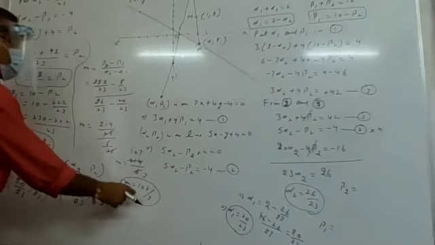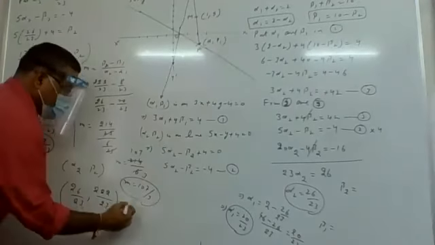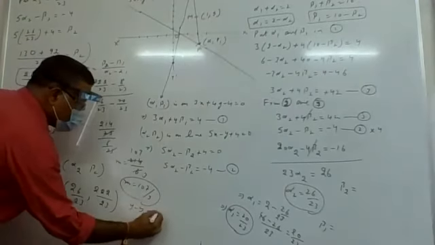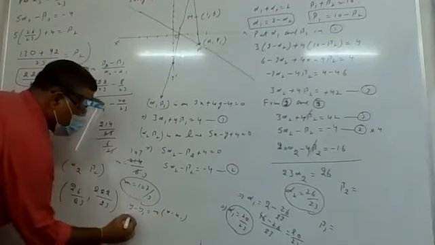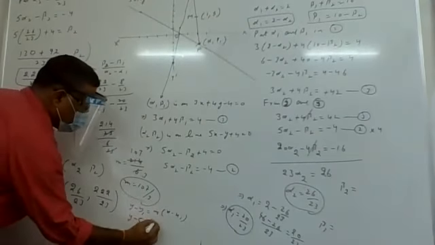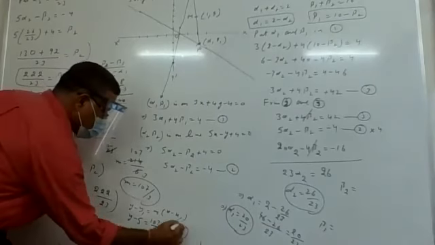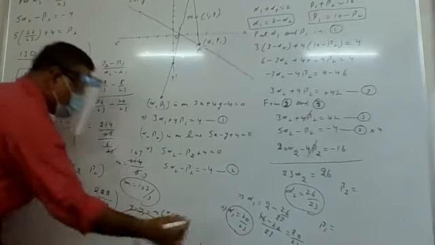So the slope is with you. The point through which it passes is also with you, 1 and 5. So y minus y1 is equal to m times x minus x1. So y minus 5 is equal to 107 over 3 times x minus 1. This is the equation of the line T.